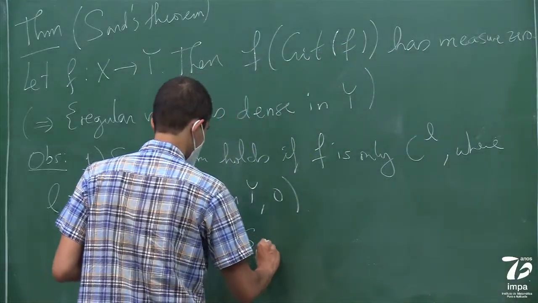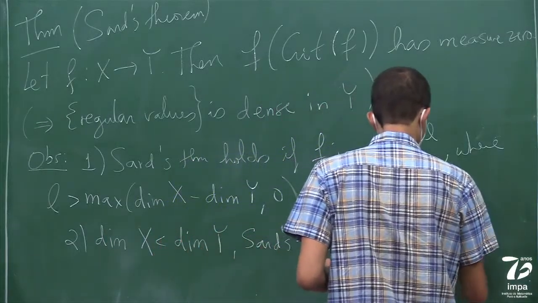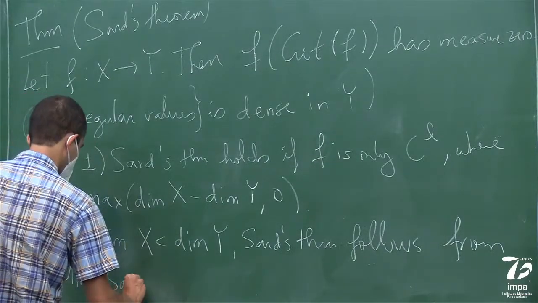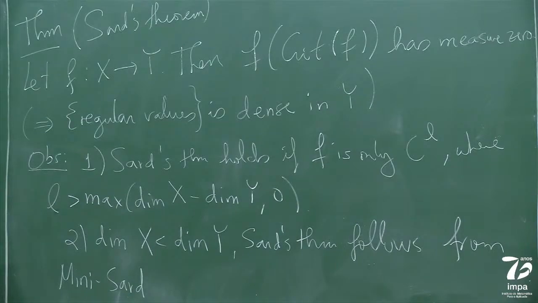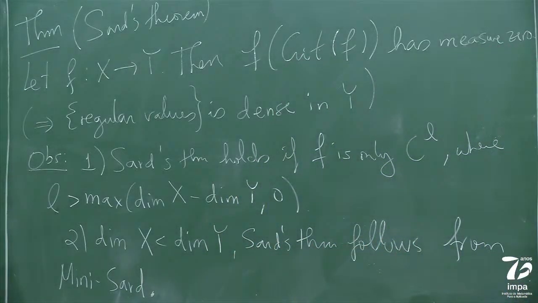Then Sard's theorem follows from mini Sard, because if you're not in the image of X, then you are a regular value.